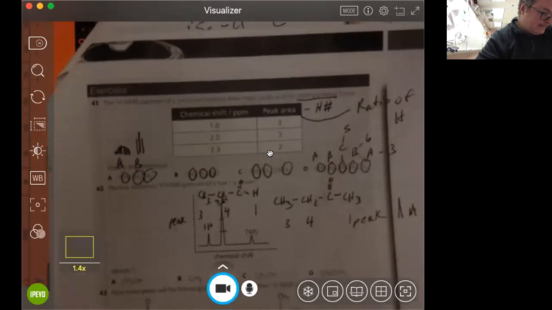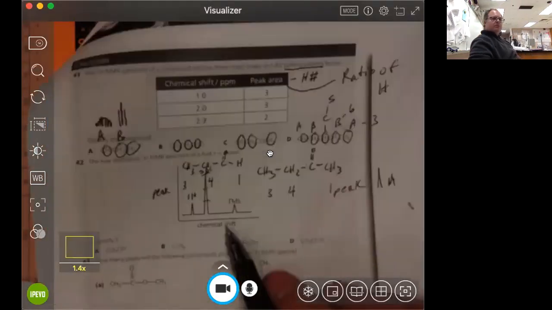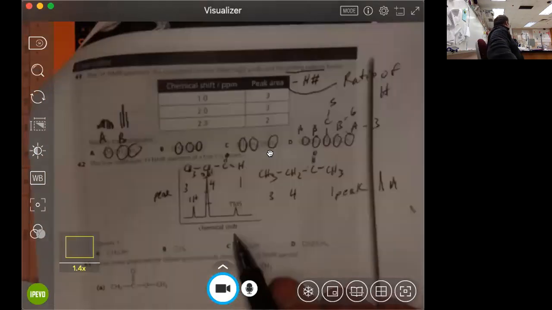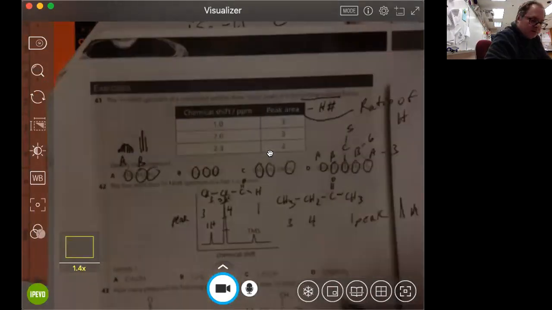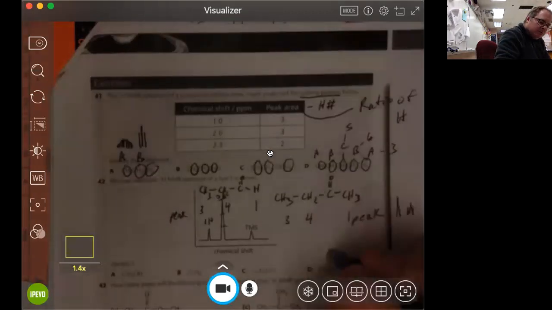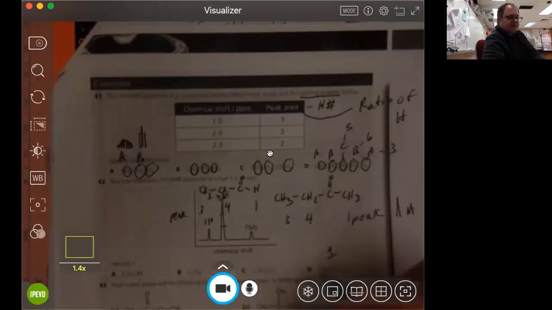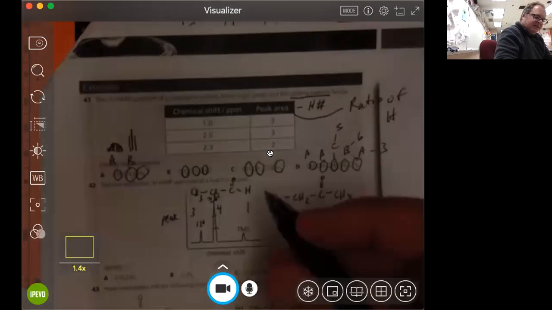Out of question 42. Well, not D. Never mind. How many peaks would D have? One. Good, caught yourself. Or it's C. Let's check C.